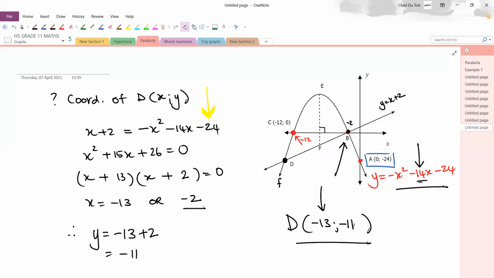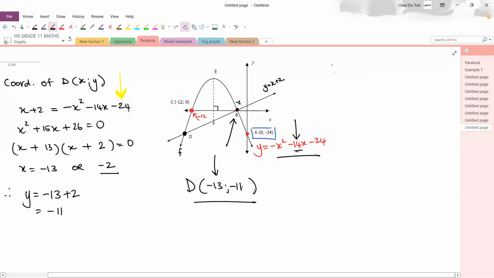Minus b over 2a. Right, let's do that. The turning point x value is negative b over 2a.